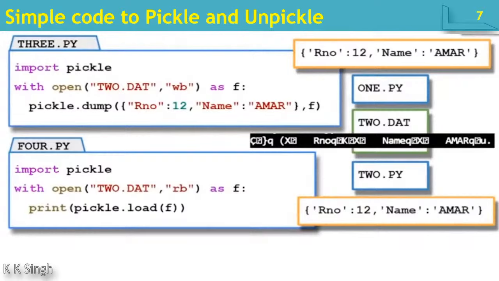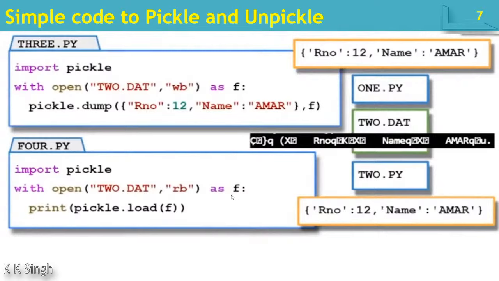So it goes like this: import pickle, with open 2.dat, the same file we are going to read, and this is in rb mode. R is for reading the file, which is in binary mode, and F is the file object.